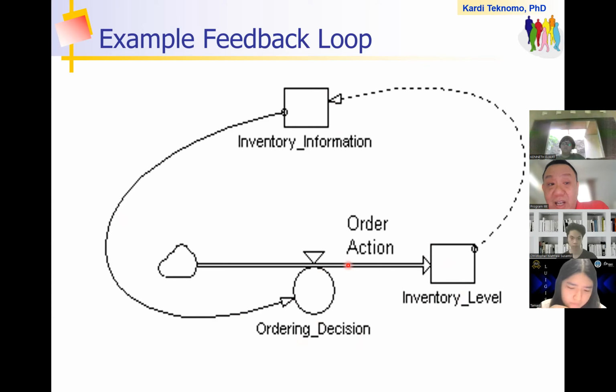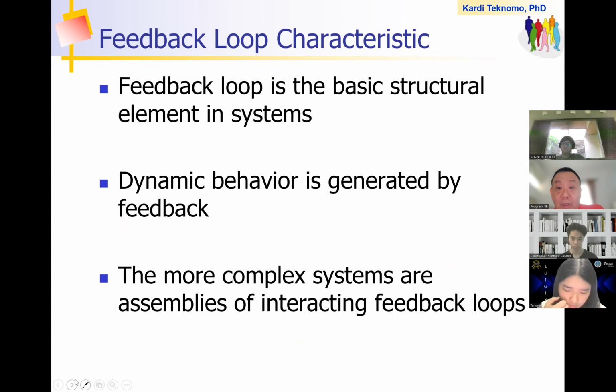So this in itself is a feedback loop. Remember, the feedback loop is the basic structural element in a dynamical system. So we need to find the feedback loop first, then you draw the CLD, then from there you improve it into SFD, and then from there you create the equation.